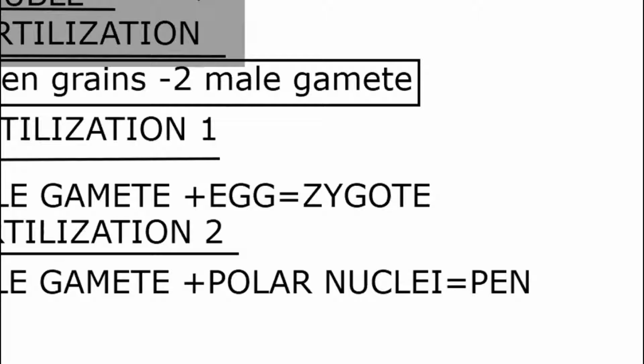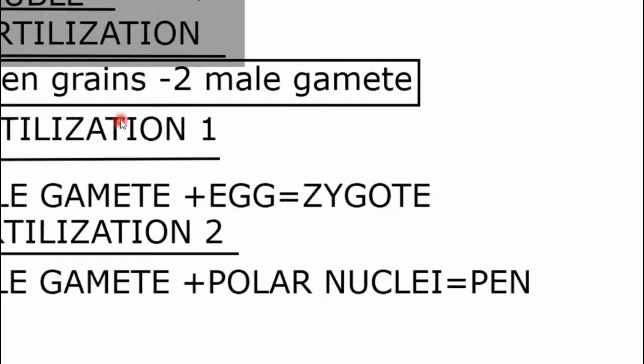One male gamete fuses with the egg and produces the zygote. This is the first fertilization. The other male gamete fuses with the polar nuclei to produce the primary endosperm nucleus. This primary endosperm nucleus later develops into endosperm. The zygote gives rise to the embryo, and the embryo next gives rise to the new plant.